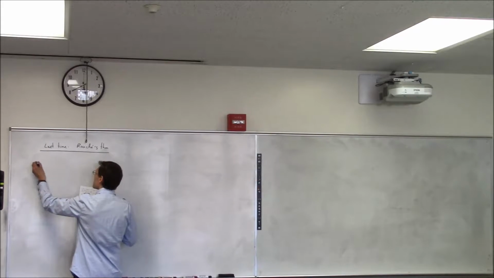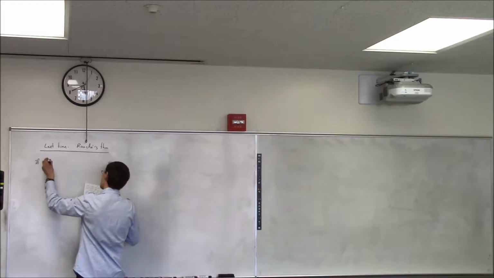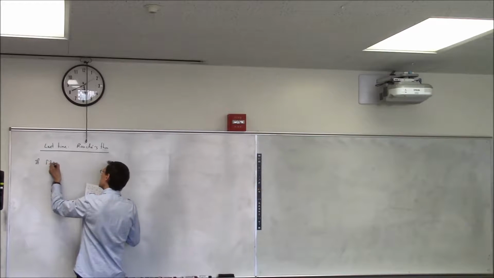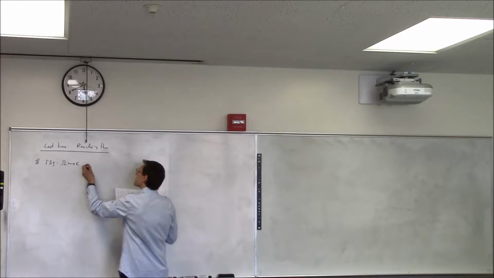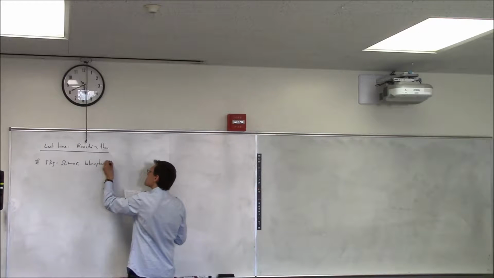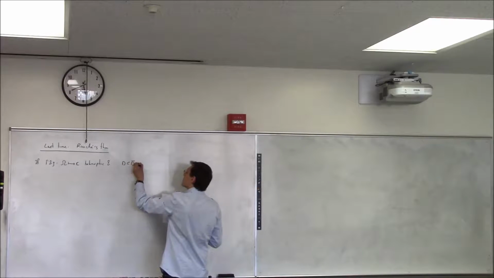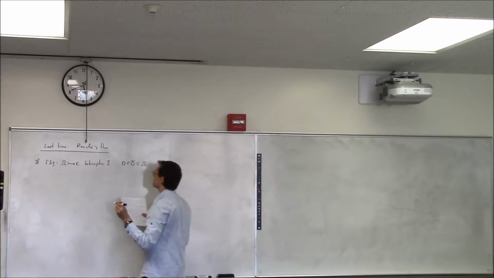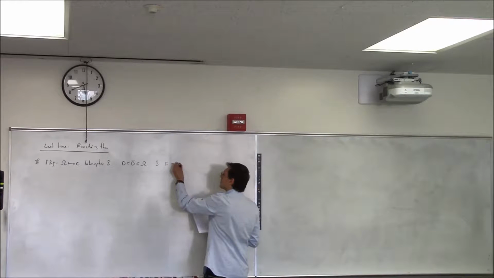So the thing is, if f and g are holomorphic on some region omega, and we have some disk D that is contained in the closure of the disk, and that is contained in omega, and C is the boundary of that disk.